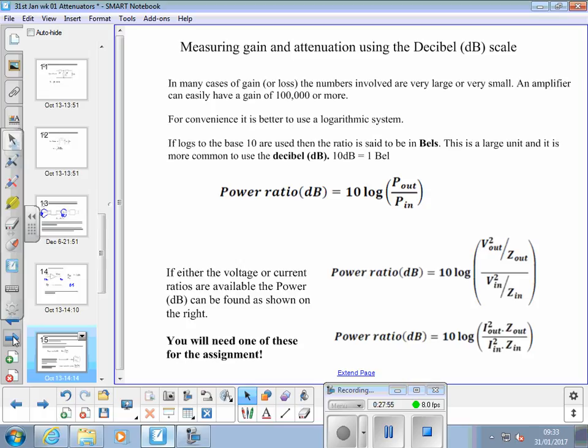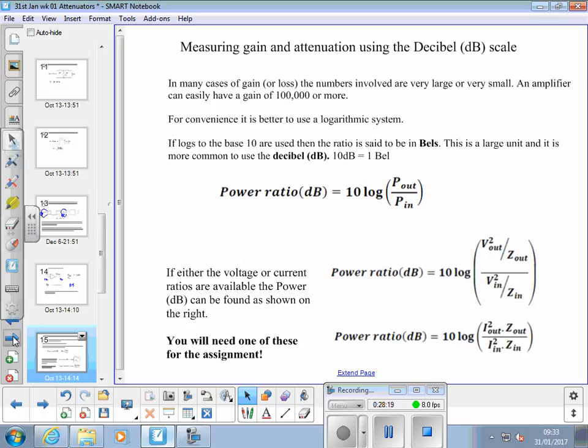If you have either the voltage or current ratio available, you know what your voltage in and voltage out are, current in and current out are. You can substitute the known formulae for power into that original equation to find what the power ratio is that way.